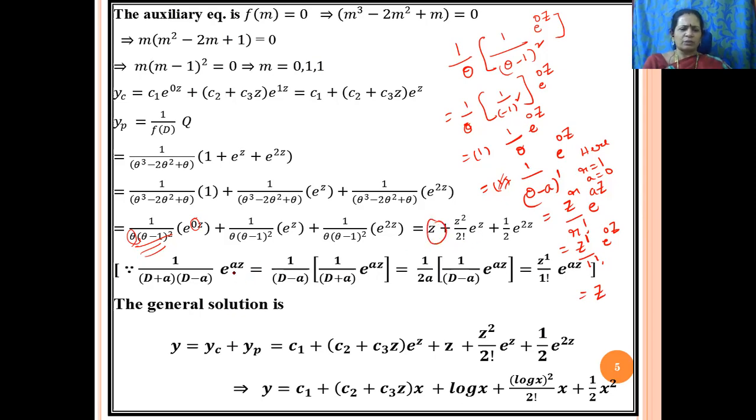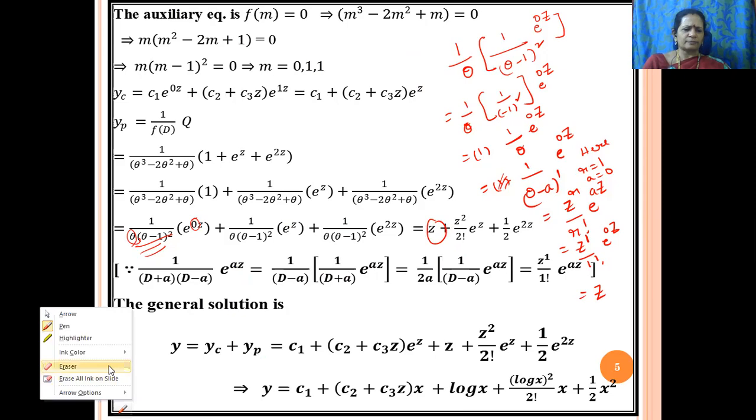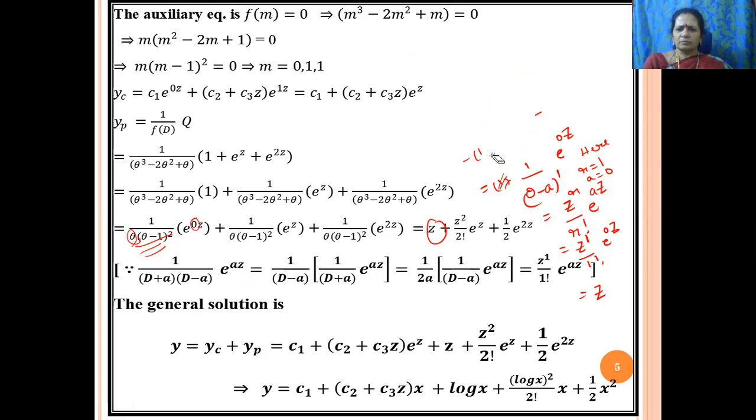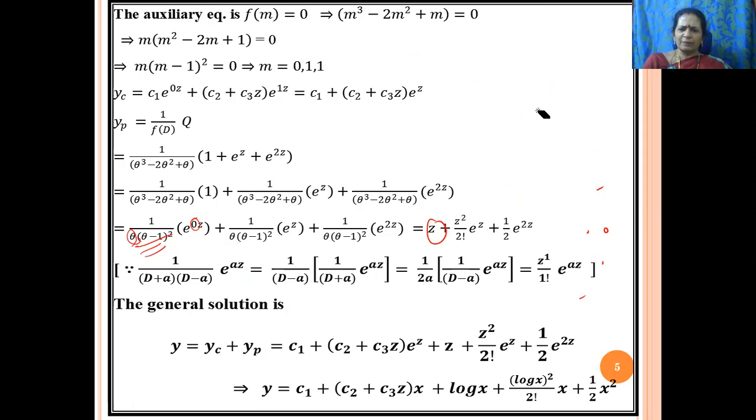Okay. Now coming to the second one. Second one also same. So we have to erase. One minute. Then after that, similar to the same application, we can apply to the next one also.